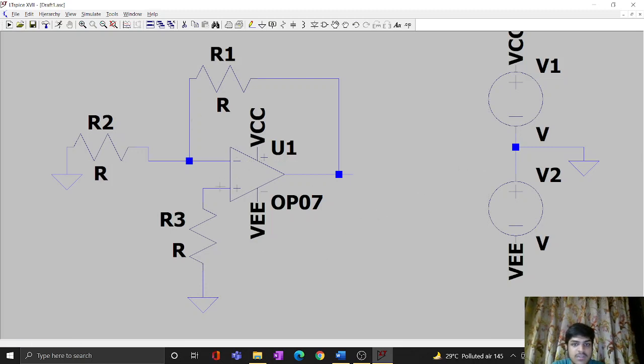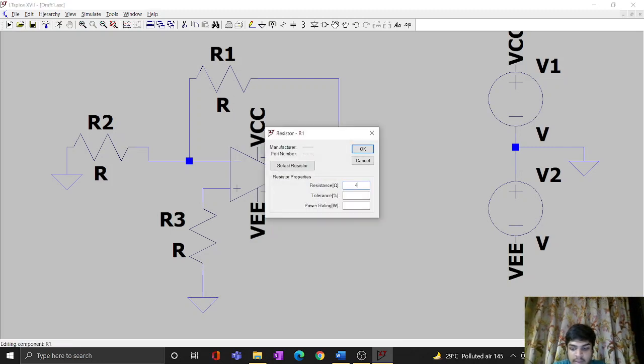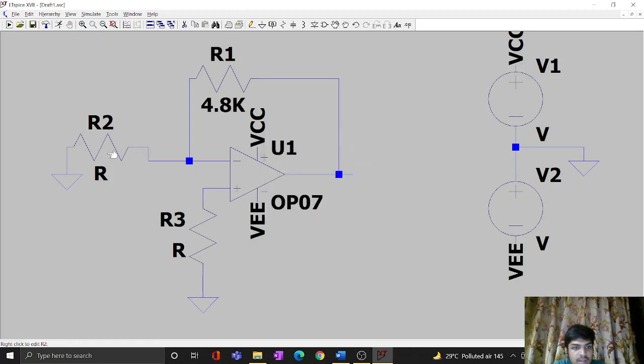So in this circuit, we will be using a gain of 4.8. So we'll be giving the feedback resistance 4.8k ohms. Sorry, we forgot to put the voltage in the input side.